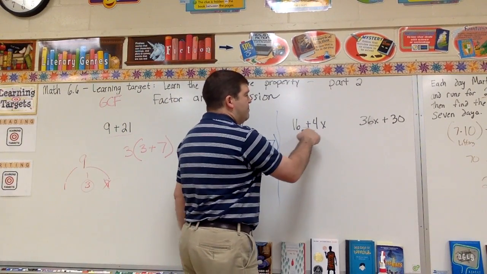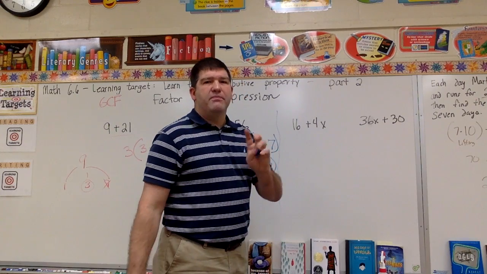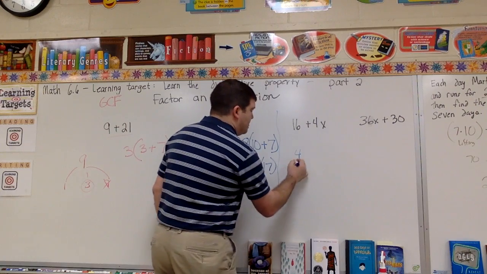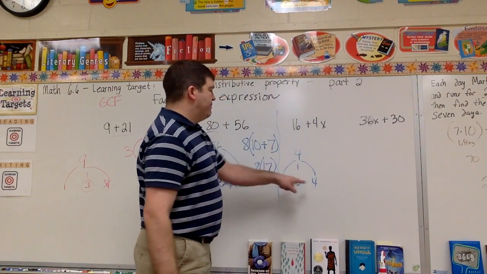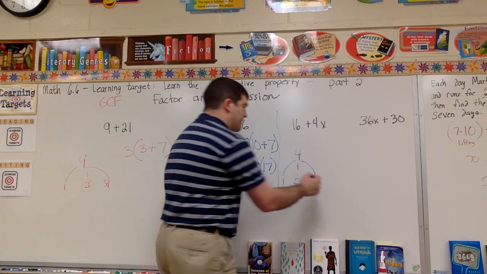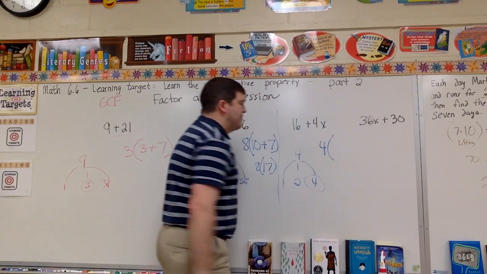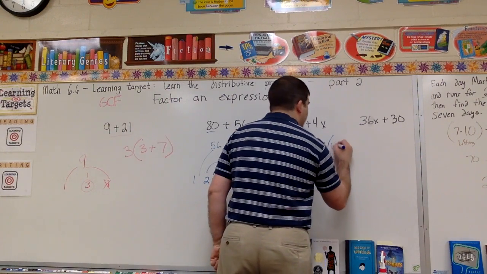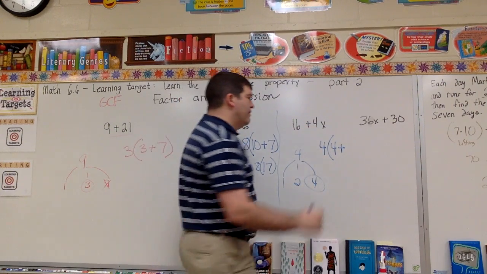Now, we can do this with variables too. So if I have 16 plus 4x, the x has to stay with the 4, but I'm just going to look at the numbers. So I have a 16 and a 4. I take my smaller number, 1, 4, 2. Does 4 go into 16? It does. Greatest common factor. So I put my 4 here, parentheses. How many times does 4 go into 16? 4 times. Plus, how many times does 4 go into 4? 1.